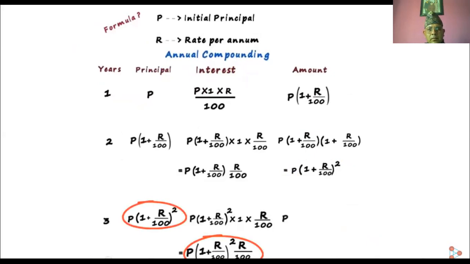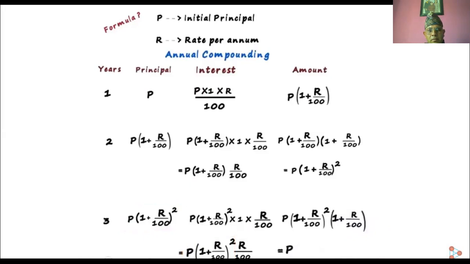P multiplied by 1 plus R by 100, the whole square, is common to both the terms. So we get the amount as the common term multiplied by 1 plus R by 100. And we get the amount at the end of the third year as P multiplied by 1 plus R by 100, the whole cubed. So for the 2 time periods, this is squared, and for the 3 time periods, this is cubed.